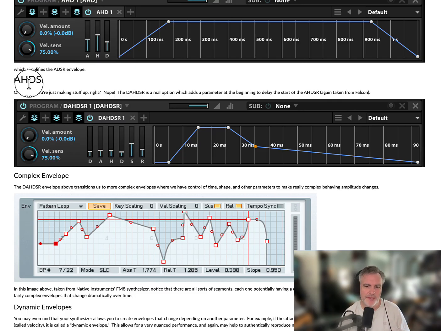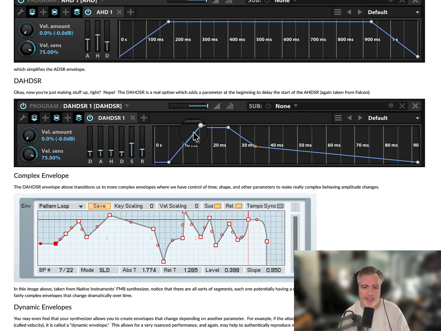So the D in the DAHDSR, in both places, means a delay of how long it takes before it even starts the attack, and then how long it takes to go down to the sustain level. So the first D is actually a straight delay of how long the envelope takes to work.